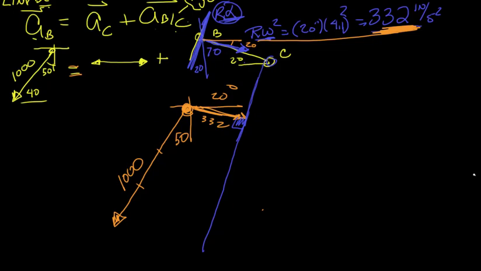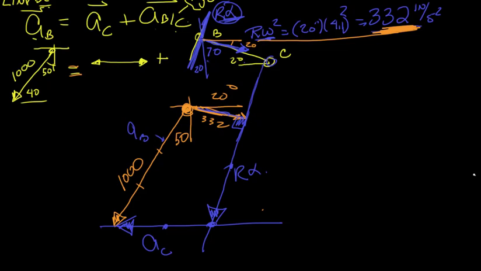And now we can add A sub C to it. And we know A sub C is going to be in the X direction only. So if we extend that line out, they intersect right here, which tells us our values. So this right here would be the R alpha. And then this vector here, again, tip to tail, would be the acceleration of the piston C. And we know these angles.